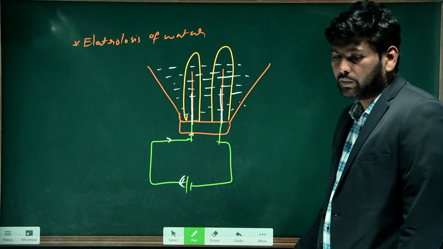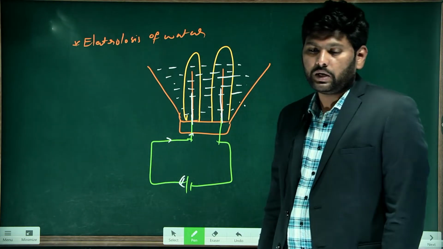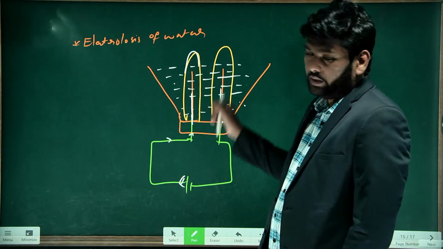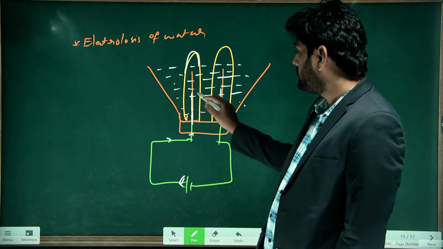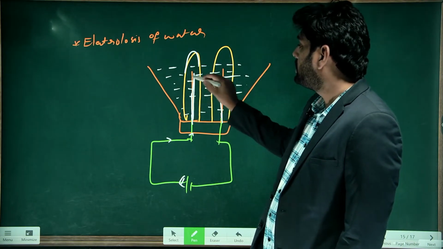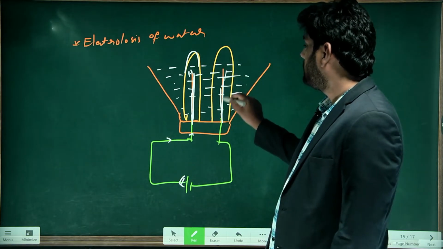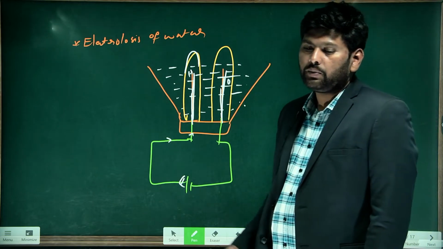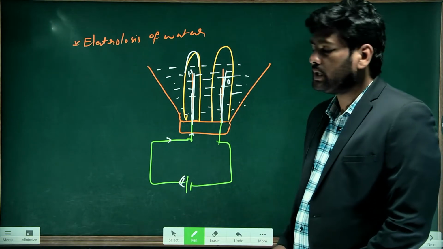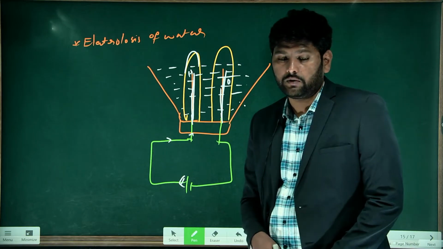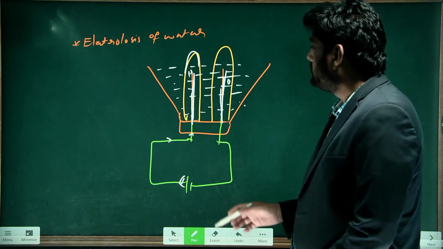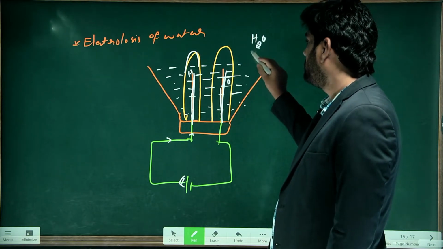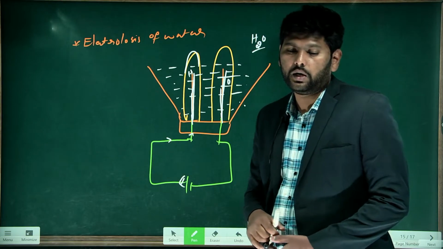Some chemical effects will take place. Across one terminal you will observe hydrogen, and across the other terminal you will observe oxygen. Why does this happen? Because of the conduction of electricity through water, chemical changes happen. Water is H2O, which is divided into hydrogen and oxygen.